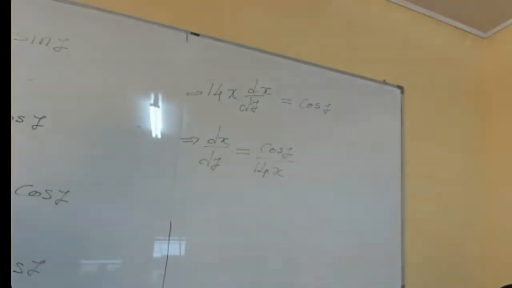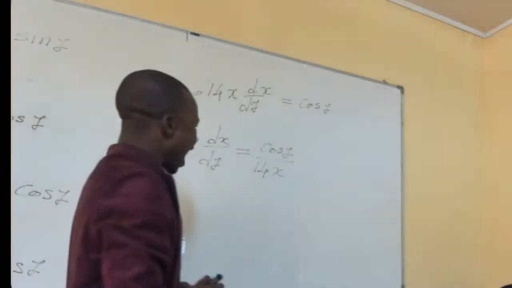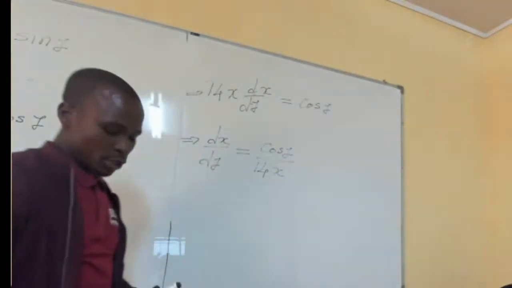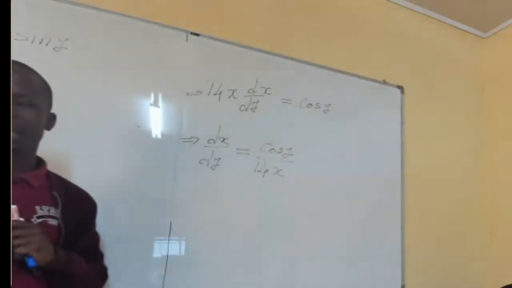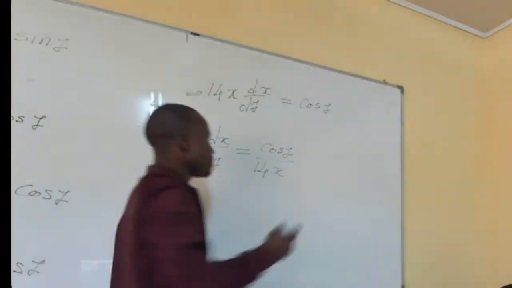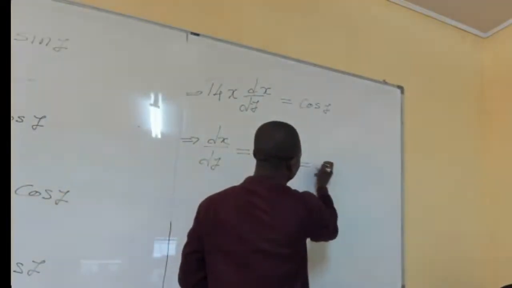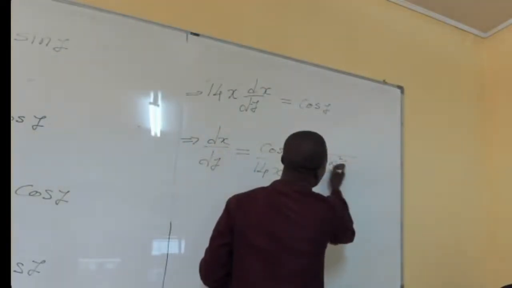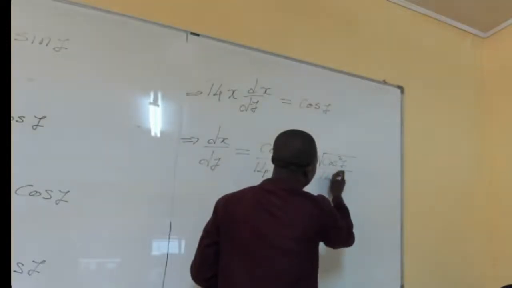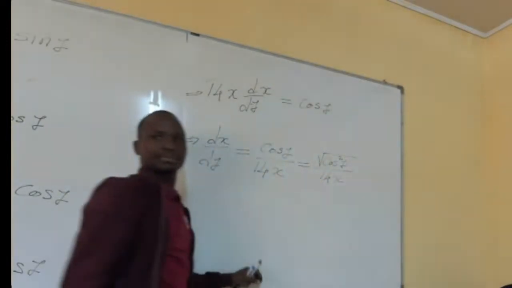Isn't it? After having written that, what you're supposed to do next is look at the cosine of y. Remember, this is just the same as the square root of the cosine squared of y, over 14x.